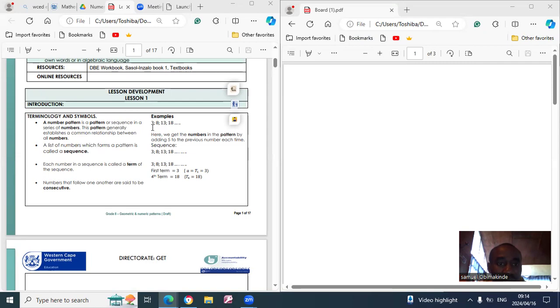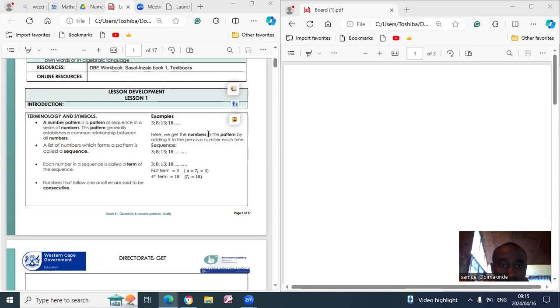In this sequence, for example, the first number here is 3, the second number is 8, the third is 13, and the fourth number is 18. In other words, we can say the first term here is 3, the second term is 8, the third term is 13, and the fourth term is 18.